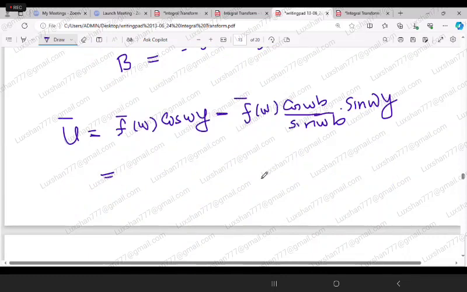So simplify this one: F bar omega over sin omega b.